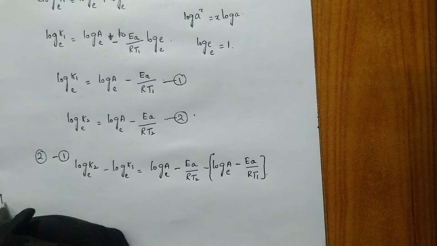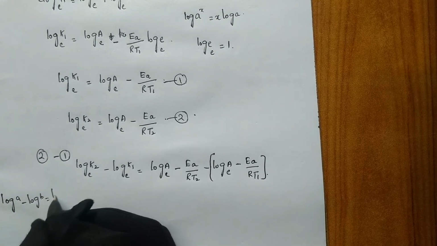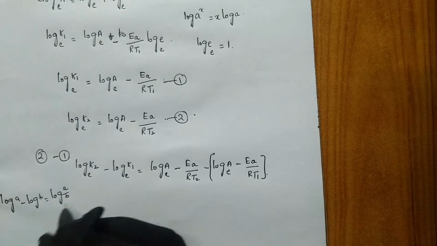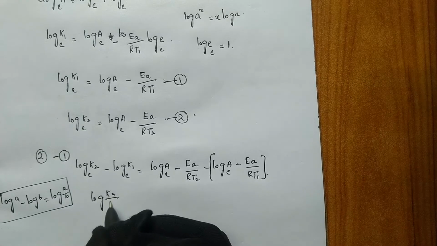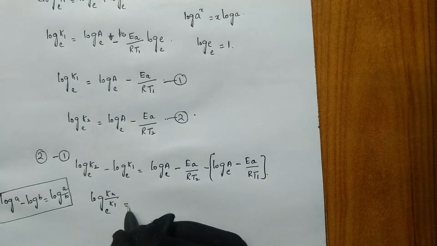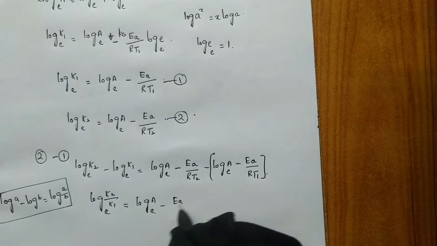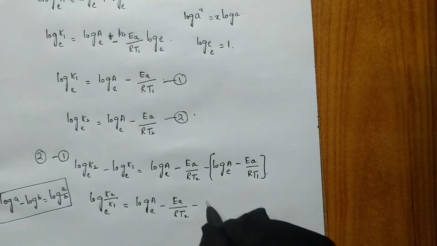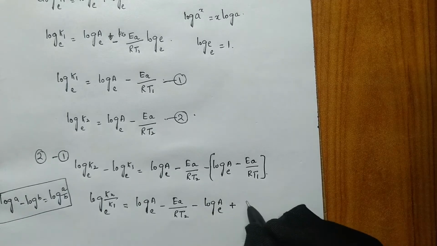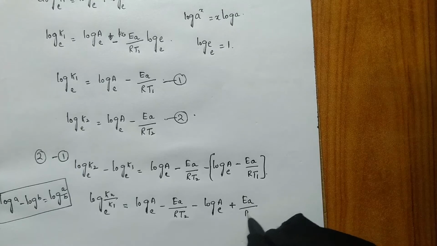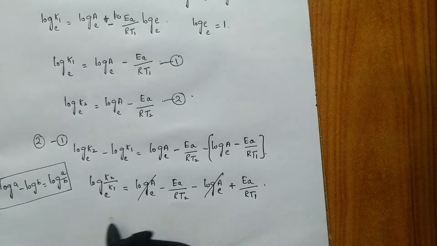Here we have one formula, that log A minus log B is equal to log A by B, right? So we can write log K2 by K1 is equal to log A minus Ea by R T2 as it is, minus log A, minus into minus, plus Ea by R T1. Now these two terms will get cancelled.